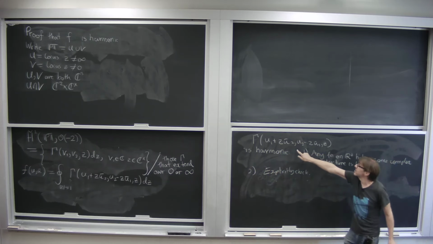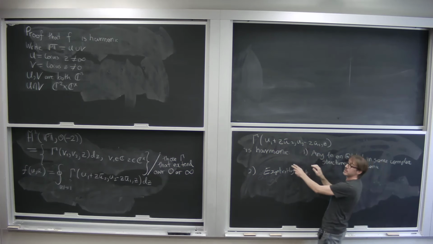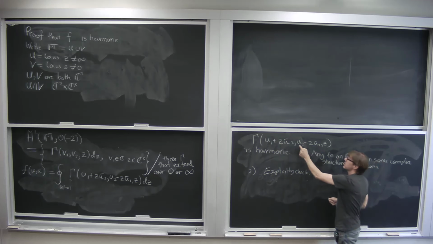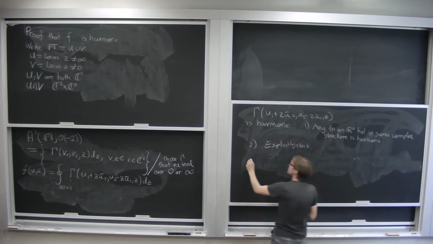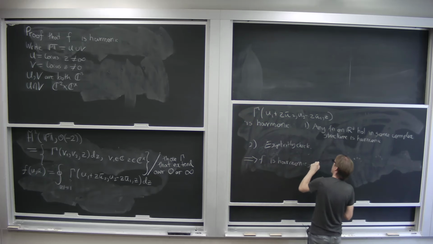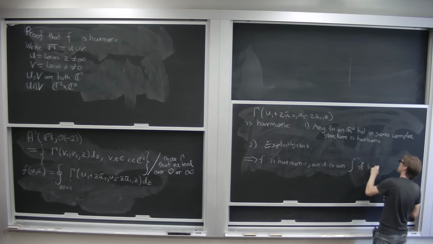You just differentiate with respect to u1 and u1 bar, which is like differentiating with respect to the first coordinate and the second coordinate, whereas differentiating with respect to u2 bar and u2 is also differentiating with respect to the first and second coordinates, but they come with a different sign. So it just cancels. Okay, this implies f is harmonic, as it is an integral of harmonic things.